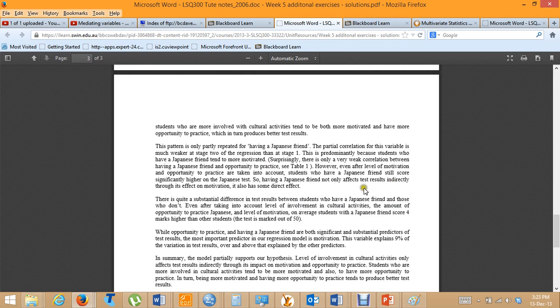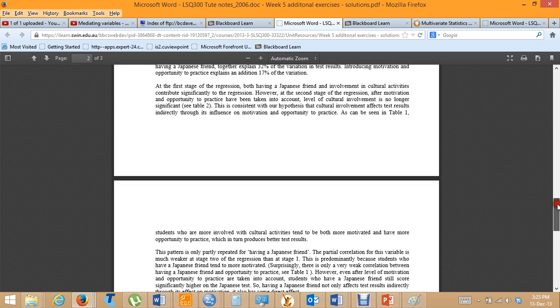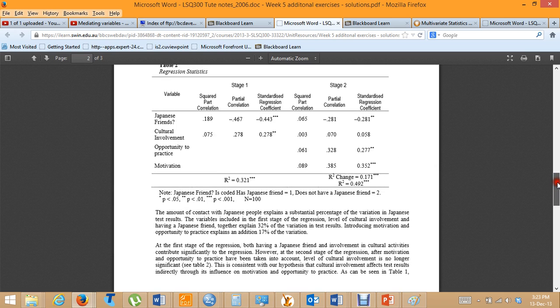So having a Japanese friend not only affects test results indirectly, through its effect on motivation, it also has some direct effect. So if you watched the video explaining the homework exercises before this video, I've talked about this. So basically what we're talking about here is that the standardized regression coefficient in stage 2 for Japanese friends remains significant.